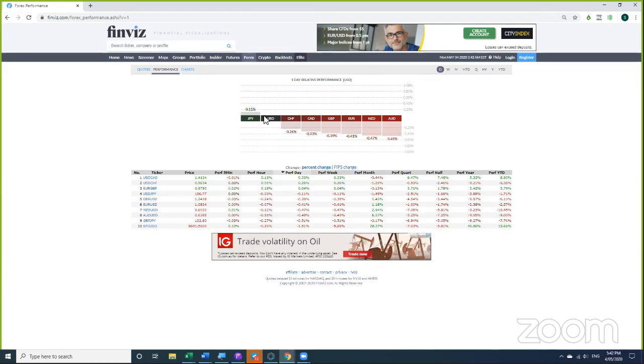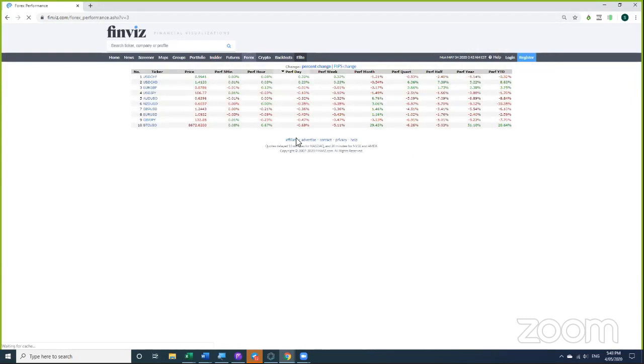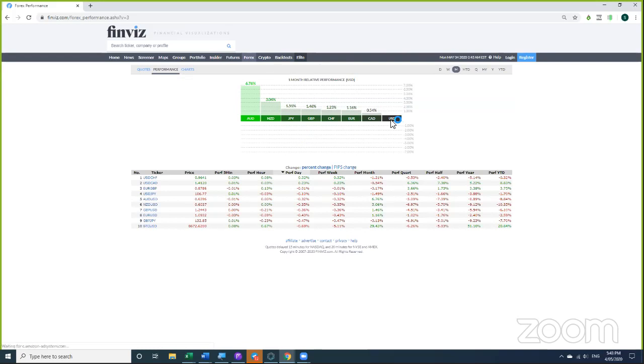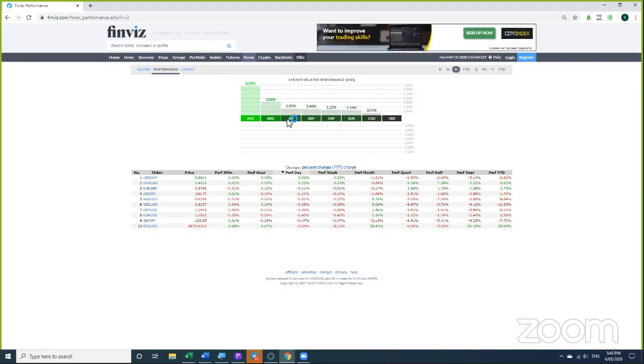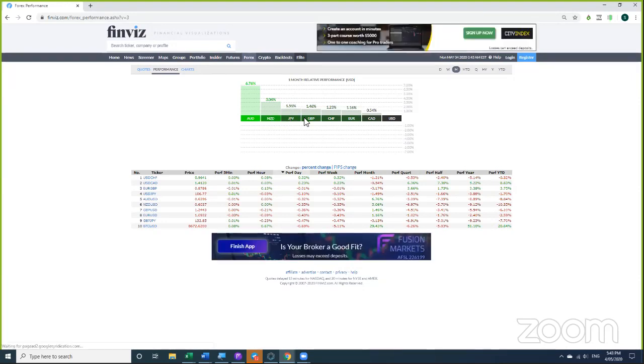And that's why we're seeing a little bit of consolidation, obviously. But if you go back a month, we can have a look at the relative strength of these pairs again. And you can see that the dollar has been weak for a month and the yen is third only to the Aussie and the Kiwi, which have been rallying their little cotton socks off, bless them.